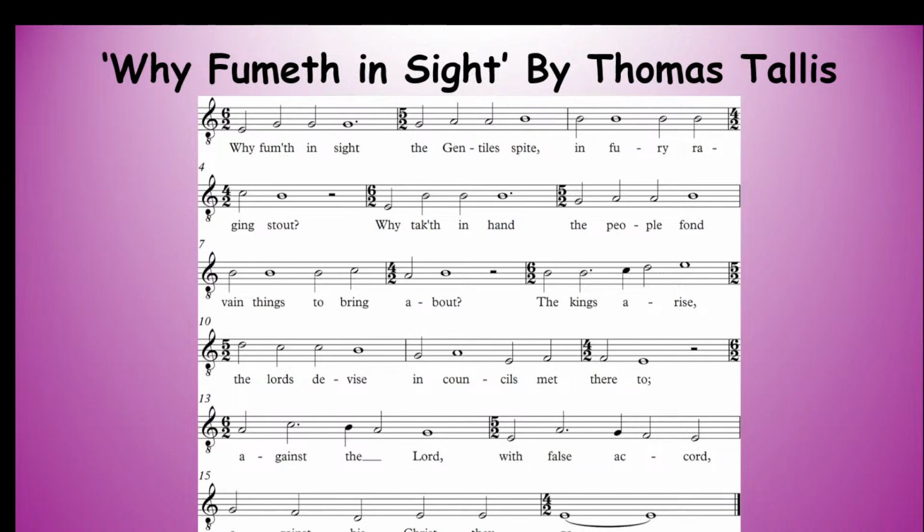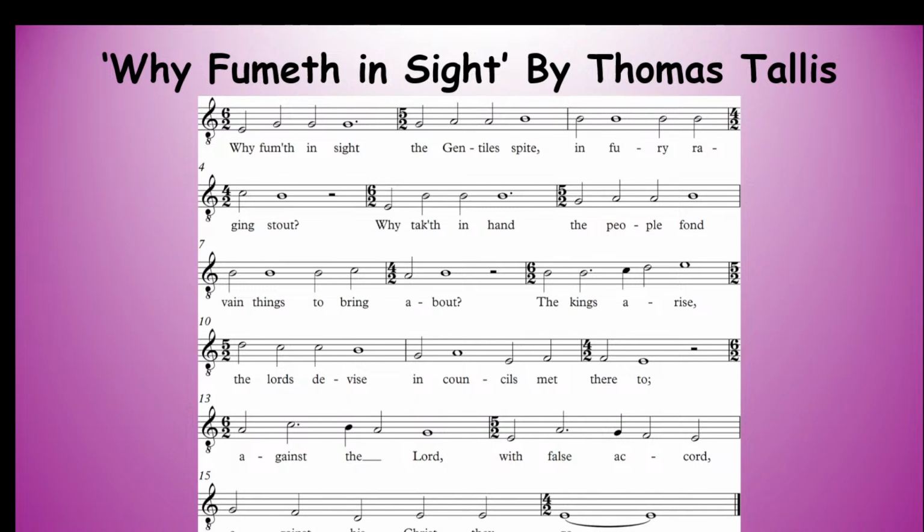Why taketh in hand the people fond. Let's try that. Why take thin hand, the people fond, and we stay on that note like we did before, vain things to bring about.